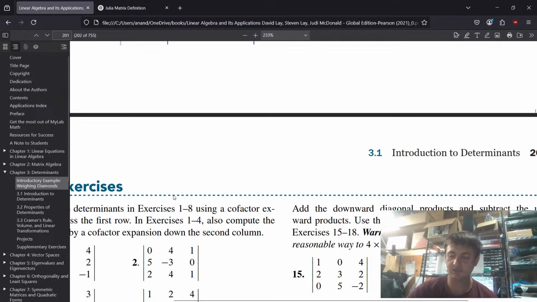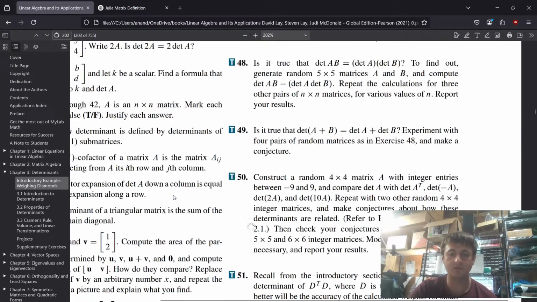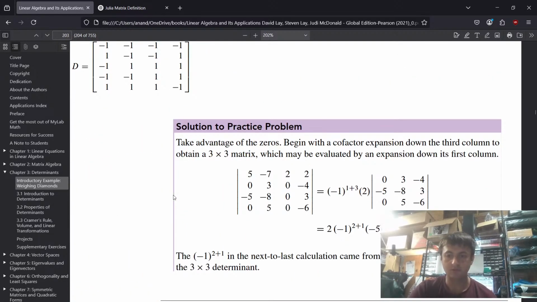All right, we can switch back over to here. Okay, so let's just make sure that we did it right. See, how did they do it? We begin down the third column. That makes sense. Oh, yeah. So I need to remember that. That's important. That you do this minus 1 to the i plus j.